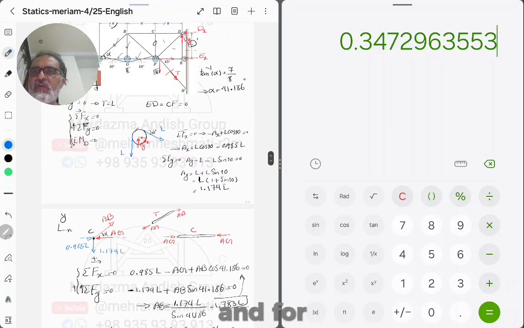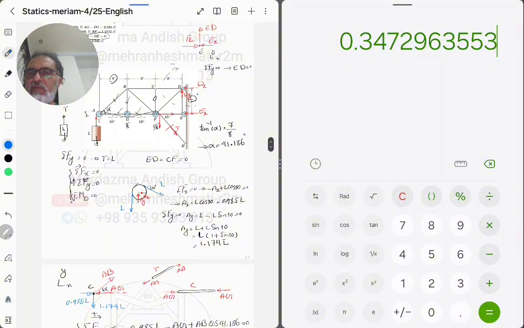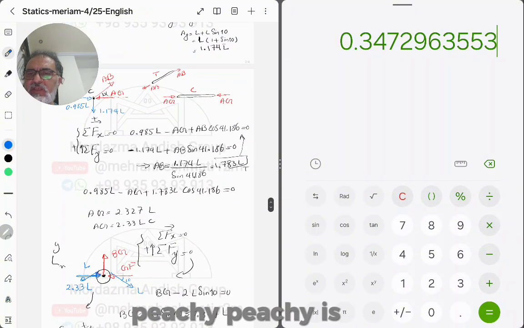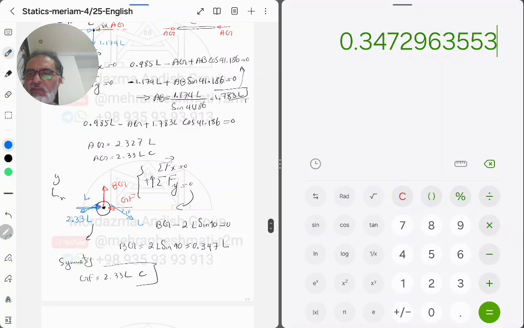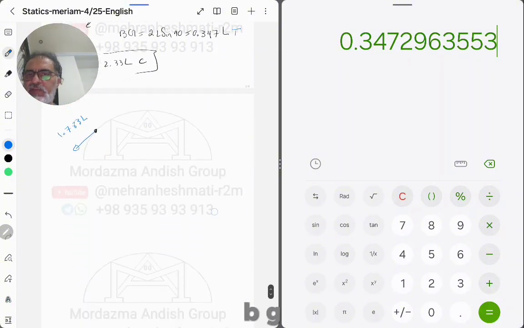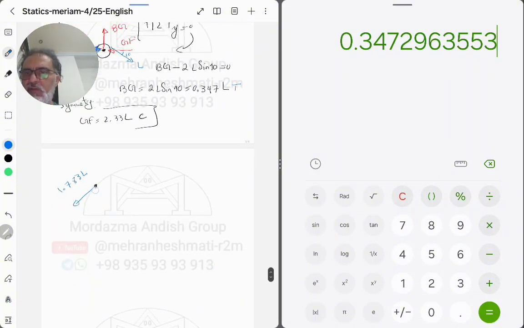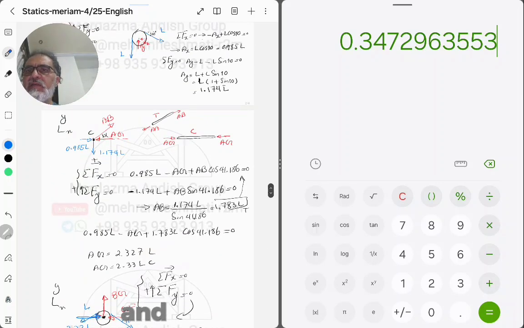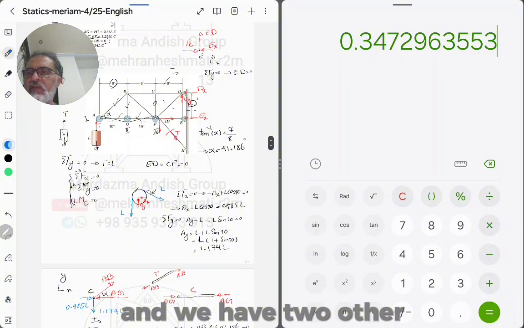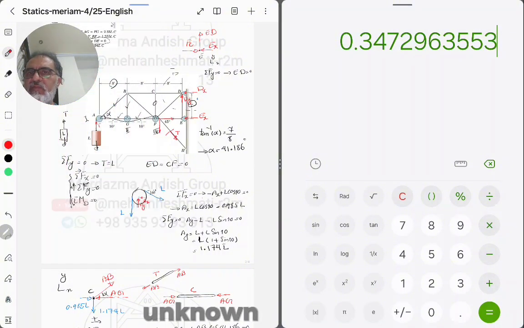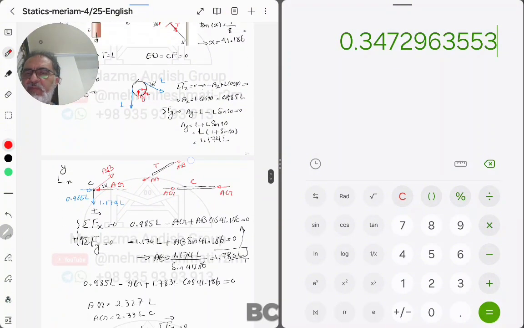And for BG, it's tension again. And we have two other unknown members, BC.